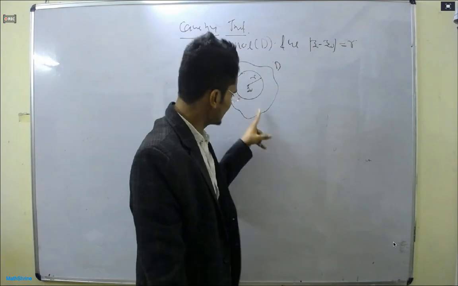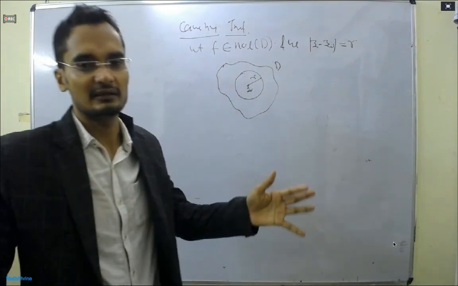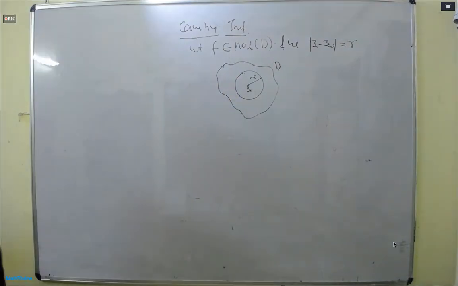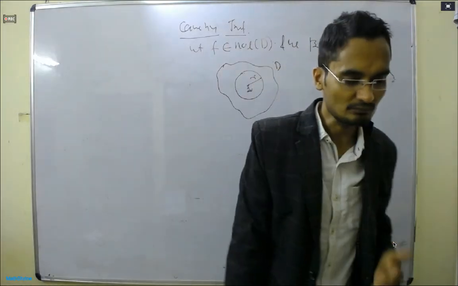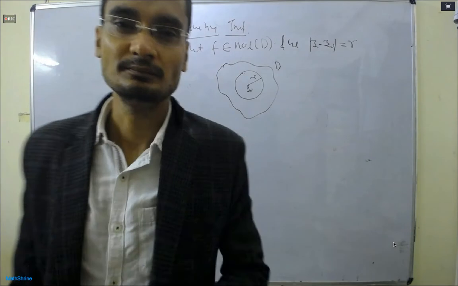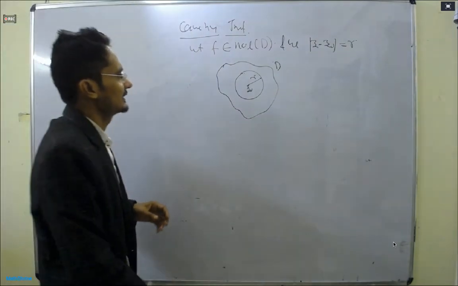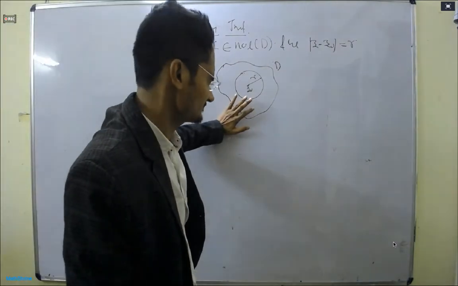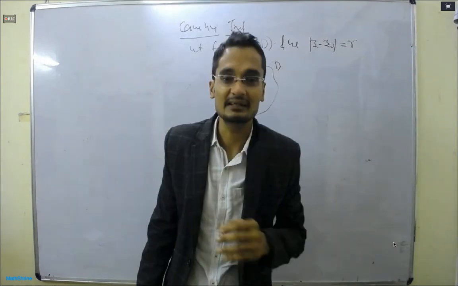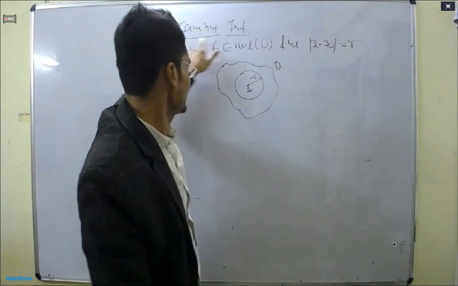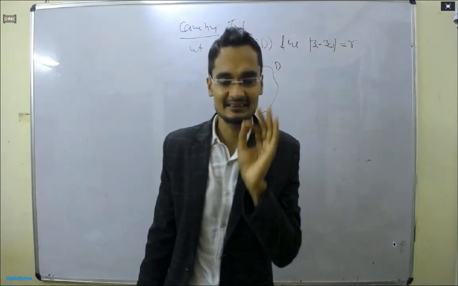Sometimes they will give you a unit disk and a circle that touches the boundary and ask you, then do not apply the Cauchy integral. Say clearly, sir, we are not able to apply the Cauchy integral formula on the boundary of the unit disk if the function is analytic on the unit disk only. It is applicable within.